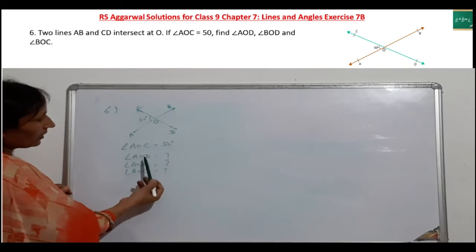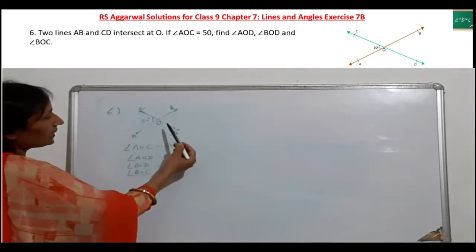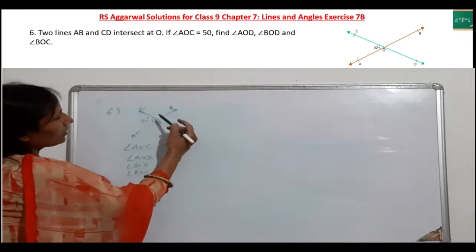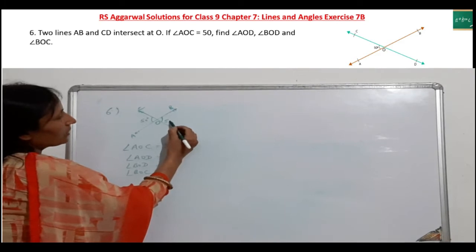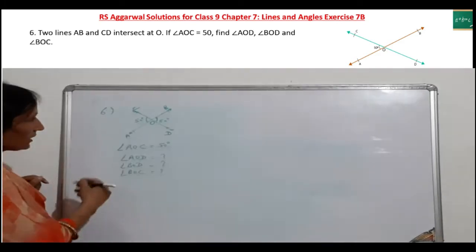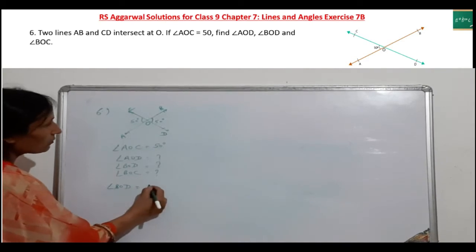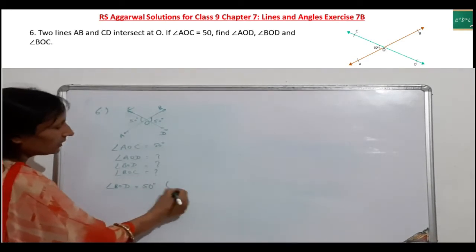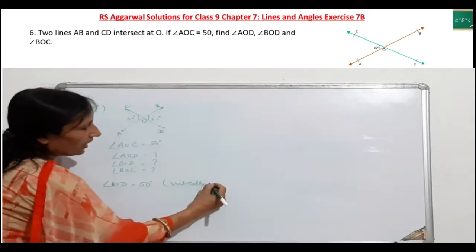Then we have to find angle AOD, angle BOD and angle BOC. By the figure it is very clear that vertically opposite angle BOD will also be 50 degree because these are vertically opposite angles. So we can write here angle BOD is equal to 50 degree. In bracket you can write vertically opposite angles.